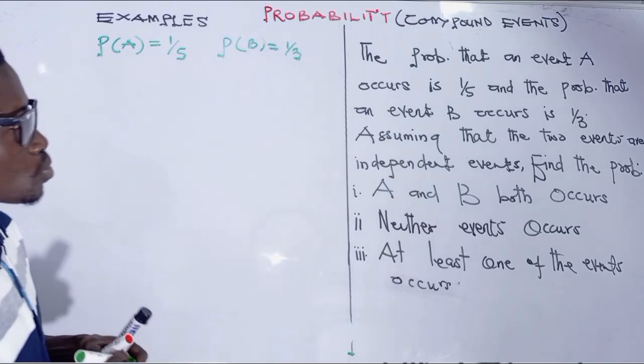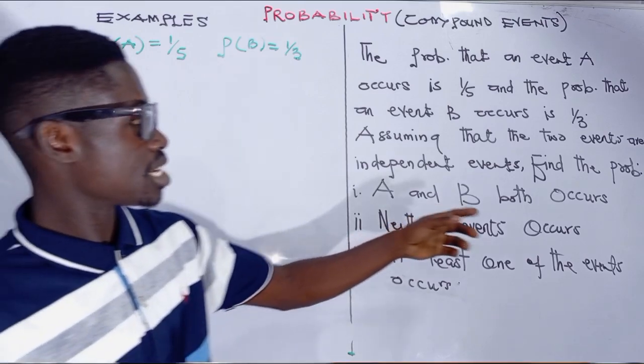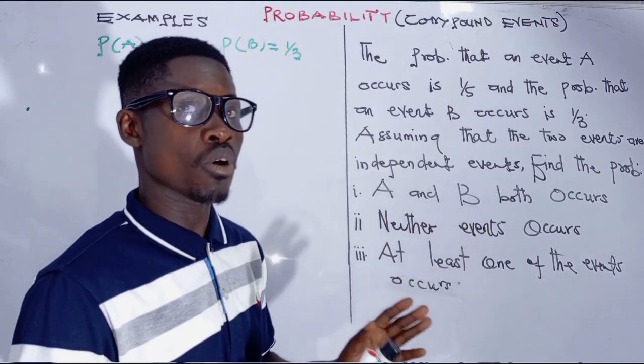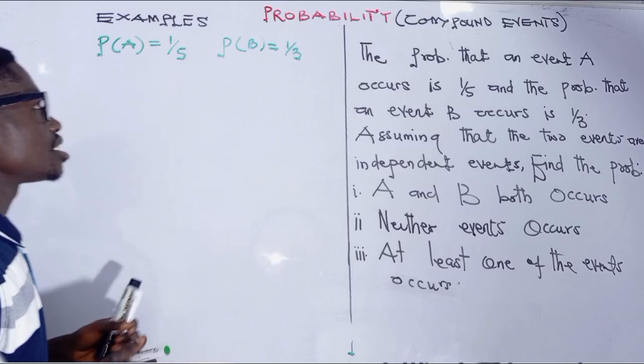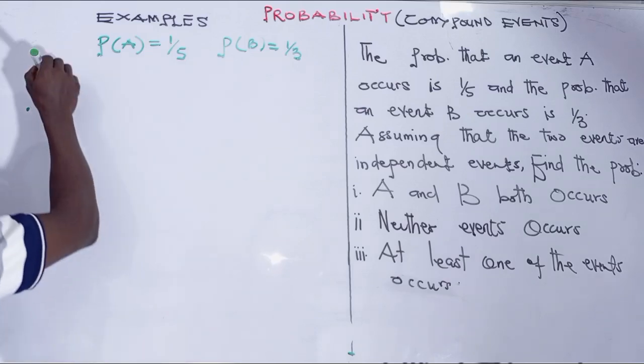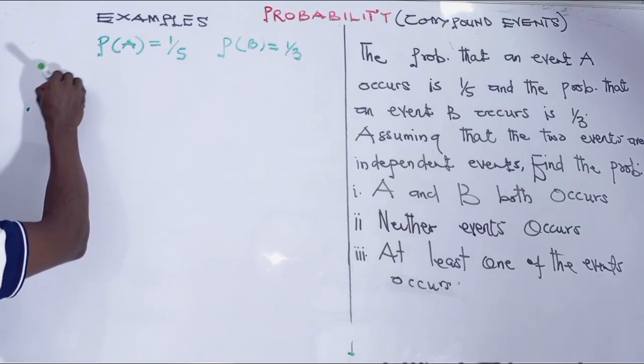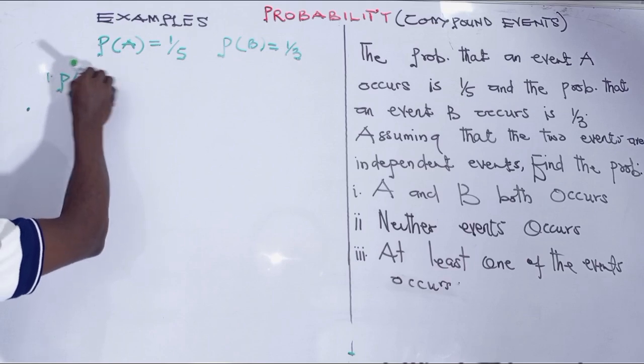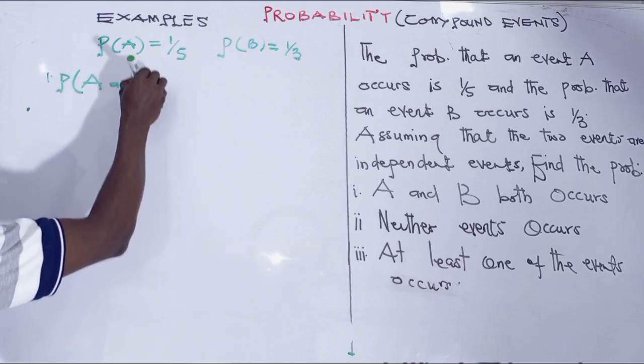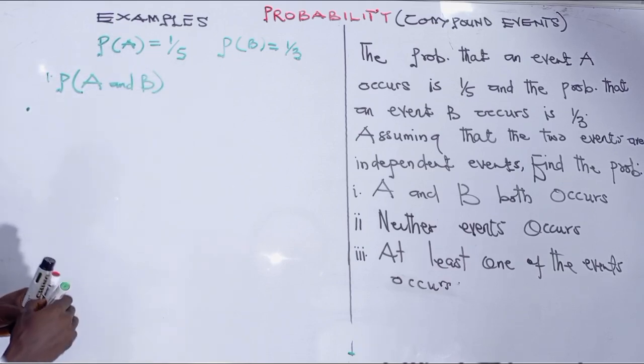So let's look at the first one. We want to find the probability that A and B both occur.